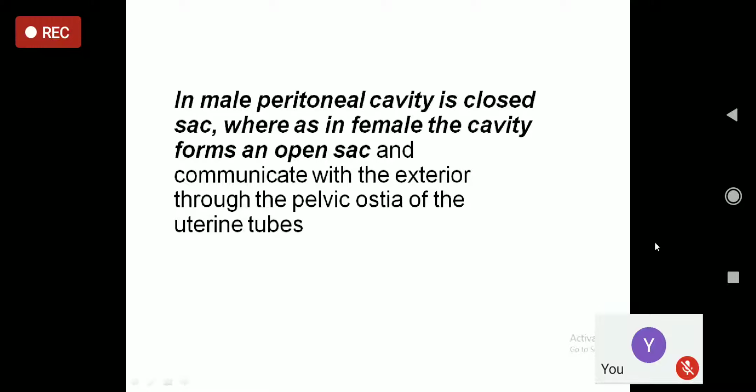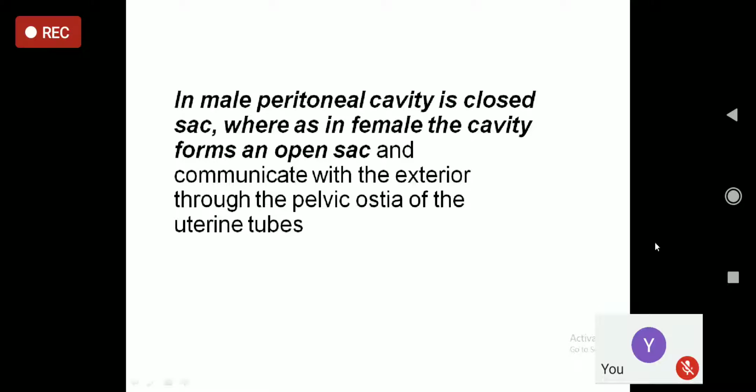No, ma'am. Okay. So as we know, the peritoneal cavity in the male is a closed sac, whereas in the female the cavity forms an open sac, and it communicates with the exterior through the pelvic ostia of the uterine tubes.